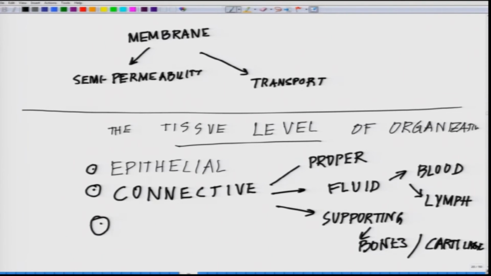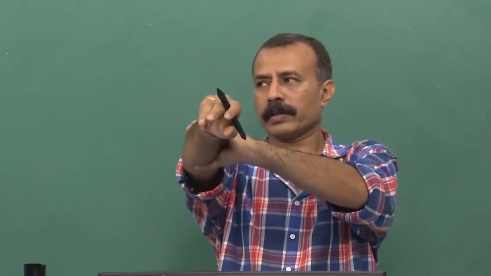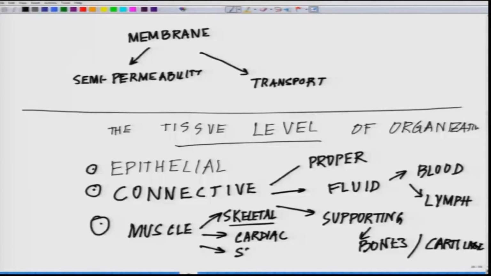The third important tissue classification is the muscle tissue. Muscle tissue can be classified into 3 groups, and we will separately deal with them, which include skeletal muscle and cardiac muscle. Skeletal, I do not need to tell, all the muscles which are present in the body are skeletal muscle. The cardiac muscle is the one which is handling your heart, and then you have the smooth muscle, which is lining the gut of the body.